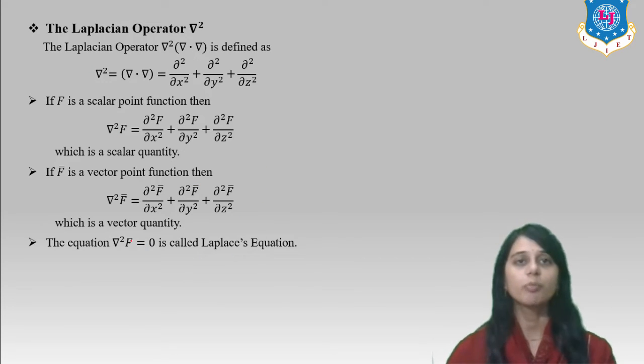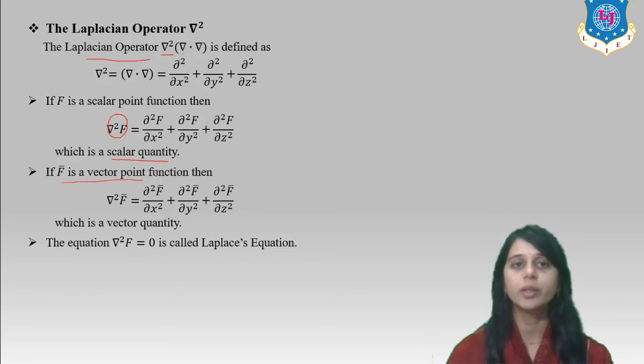The Laplacian operator nabla square. A Laplacian operator, that means nabla square, nabla dot nabla, is defined as del square upon del x square plus del square upon del y square plus del square upon del z square. If f is a scalar point function, then del square f is del square f by del x square plus del square f by del y square plus del square f by del z square, which is a scalar quantity.